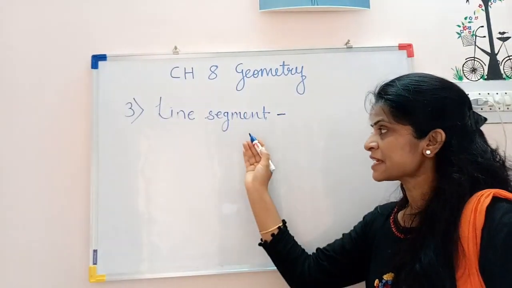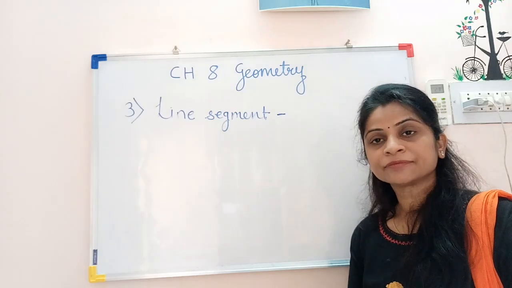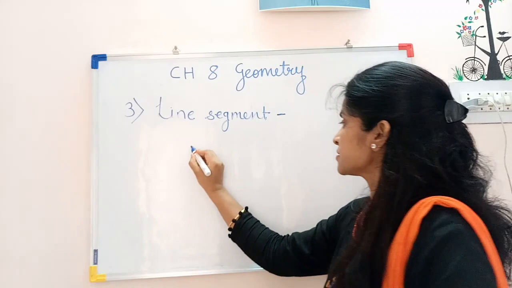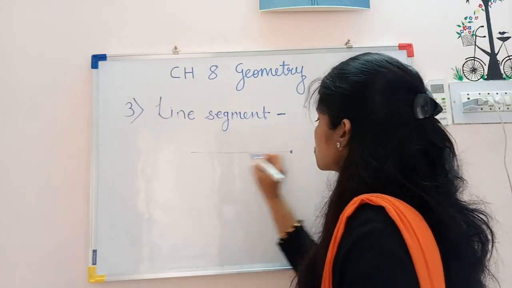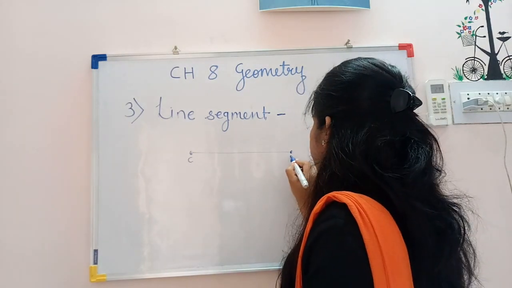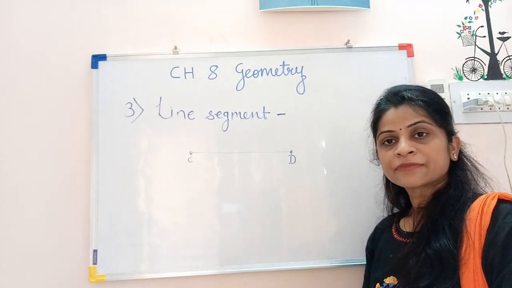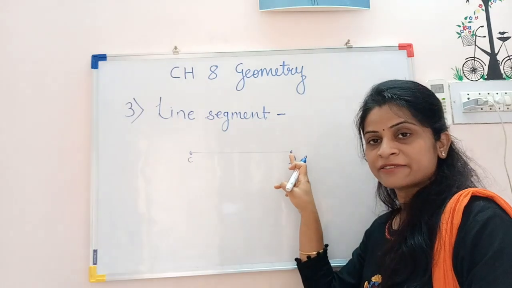Now see line segment. Line segment is a part of line. It has two endpoints. See students, here I draw one line segment. It has two fixed points. Now here a line segment is having two points, C and D. It is a fixed distance on line.